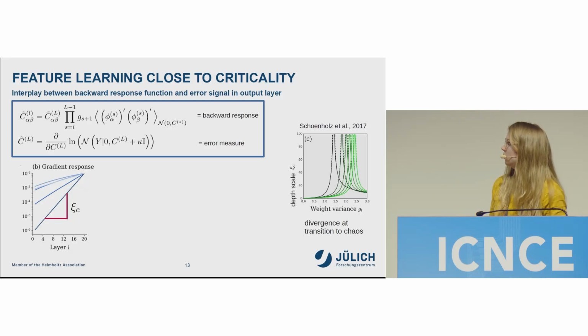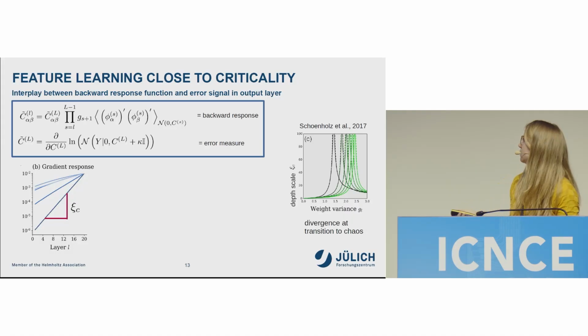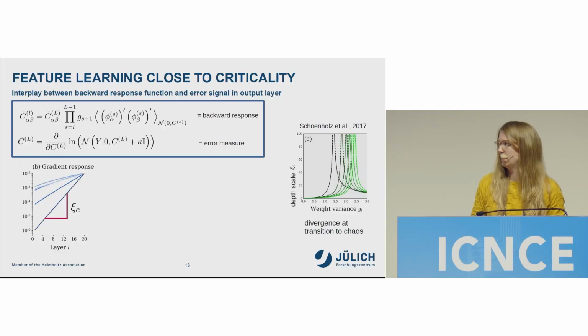And what they show is that this backward response shows an exponential decay over layers that can be described by this depth scale Xi here. And for particular values of this weight variance, this depth scale actually shows a divergence, which is at the transition to chaos, basically when the network goes from a state where all inputs correlate to a state where all signals decorrelate.